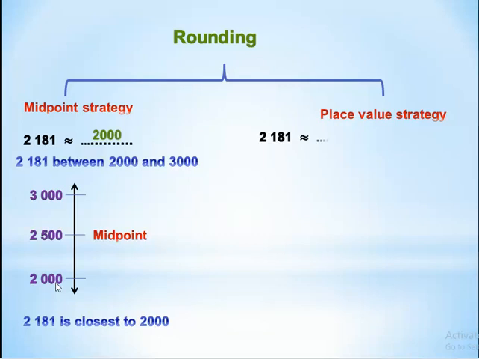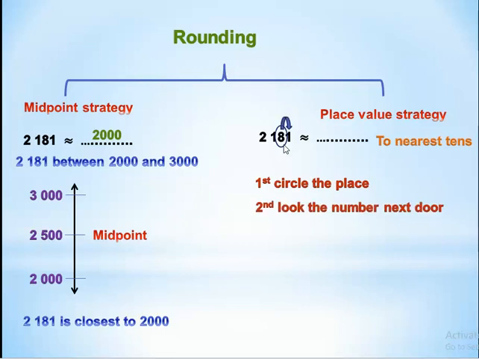Okay, place value strategy. If we have the same number 2,181 and we want to round it to the nearest tens, first circle the place. We know the tens place here is 8. Then look at the next door number. The next door is 1. 4 or less, let it rest.